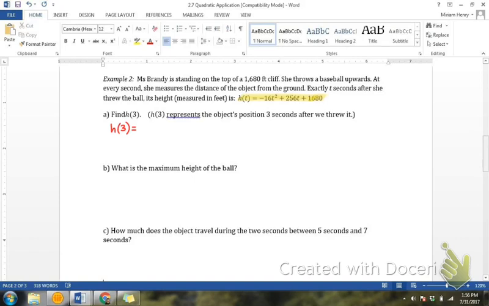Yes. And we're going to plug 3 in for where? Good, our t values. Okay, use your calculator.